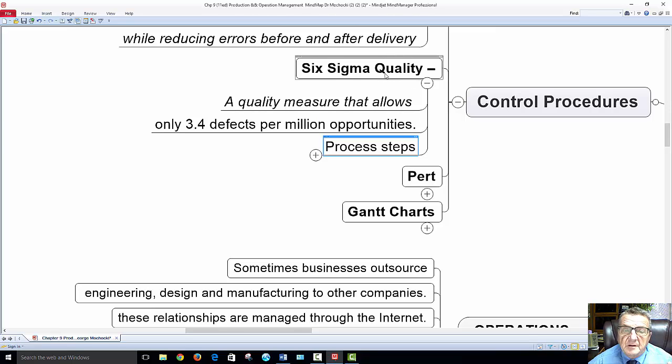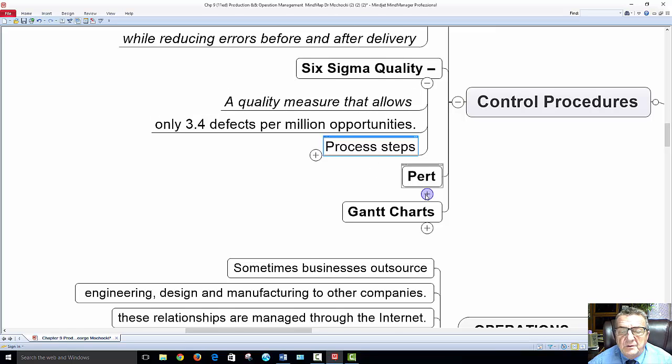And even with Six Sigma quality, they still have ISO 9000, because some companies, if you're not certified by ISO 9000, they don't care about this one. This is what they are looking for. They're my customers, or my suppliers, or my buyers, and that's what their requirements are. So you may have both.